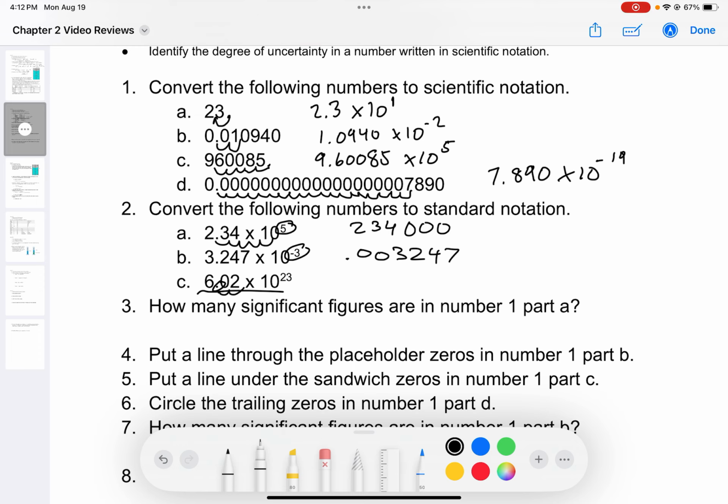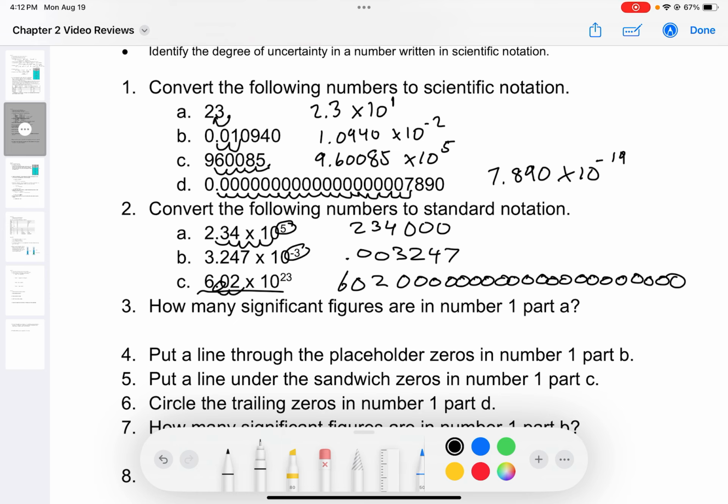So that means I need to take that number, 602, and now I need to add 21 zeros behind it. 1, 2, 3, 4, 5, 6, 7, 8, 9, 10, 11, 12, 13, 14, 15, 16, 17, 18, 19, 20, 21. There is Avogadro's number written out in standard notation.